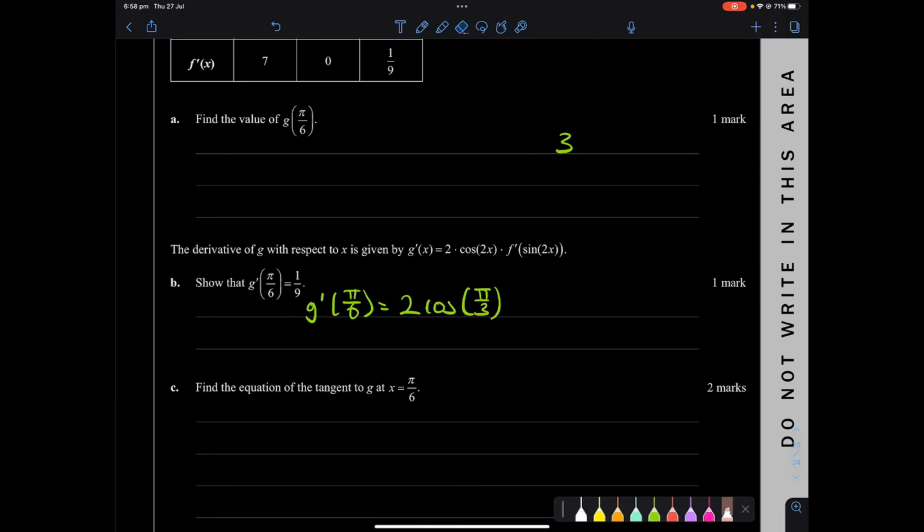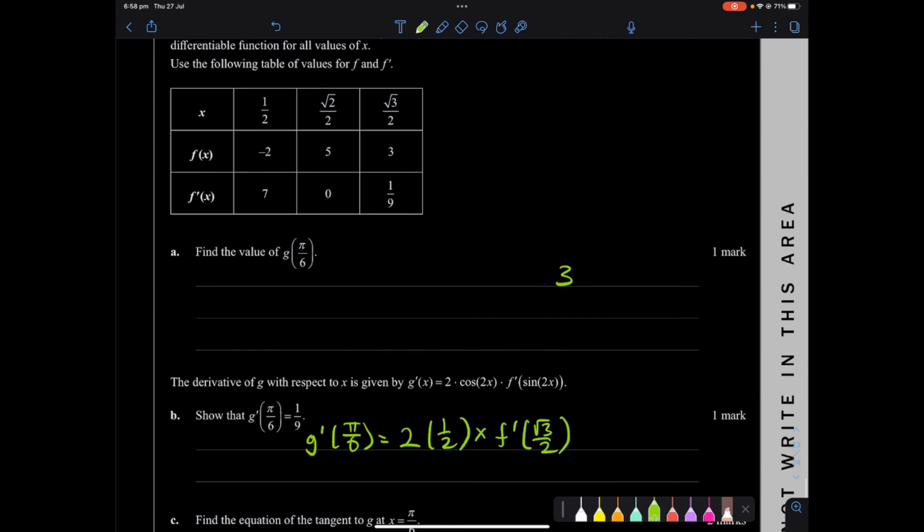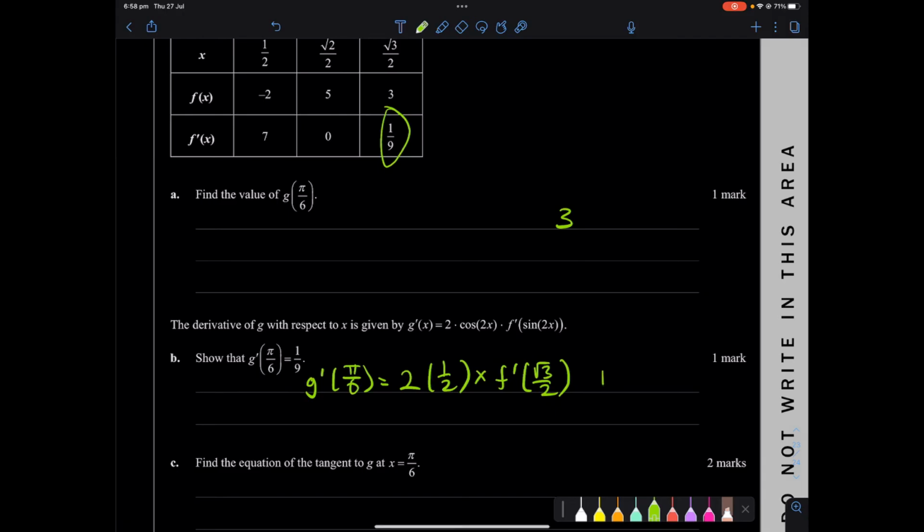It's half, so we can just put half here, times f dash of sine 2x. Sine pi on 3 is √3 on 2, and f dash of √3 on 2 is 1 on 9.